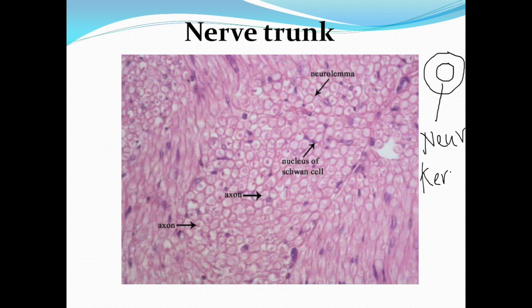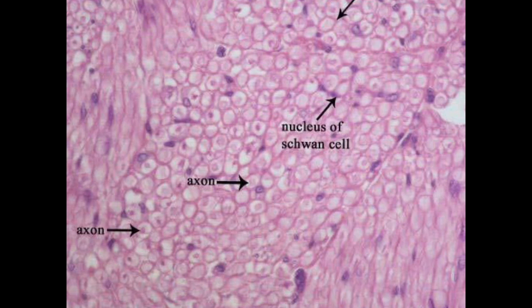Neurokeratin is the only thing present here, but it is also not stained, and this area was occupied by the myelin sheath. And in some of the fibers you can diagnose the nucleus of the Schwann cell. So if you have a label on this dot inside, which is faintly stained, it is the axon.